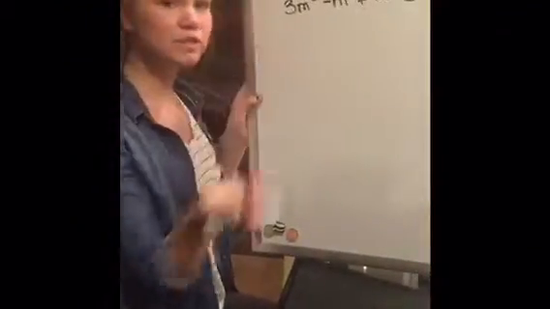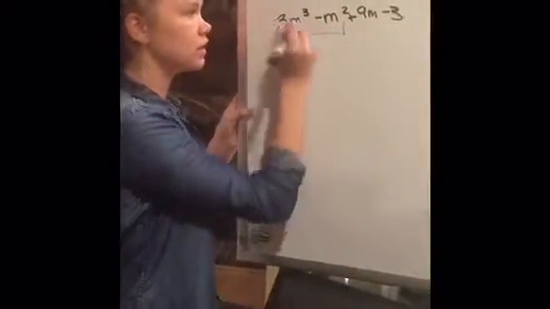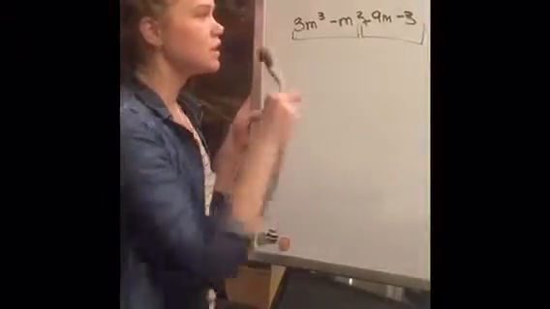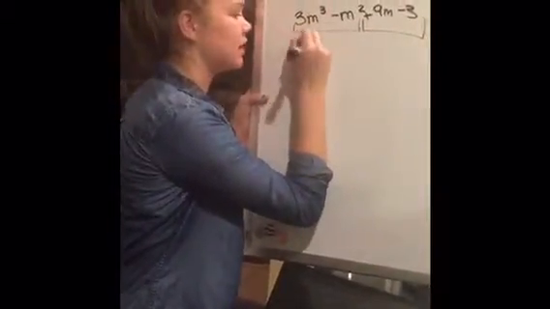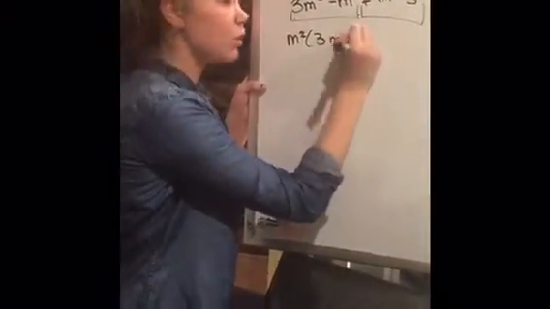Factoring completely means to continue factoring until no further factors can be found. Now we'll be doing factoring by grouping. So you take these two, and you take these two, and you separate them. You can take out an m squared out of this section, so you put that here, and you're left with 3m minus 1.